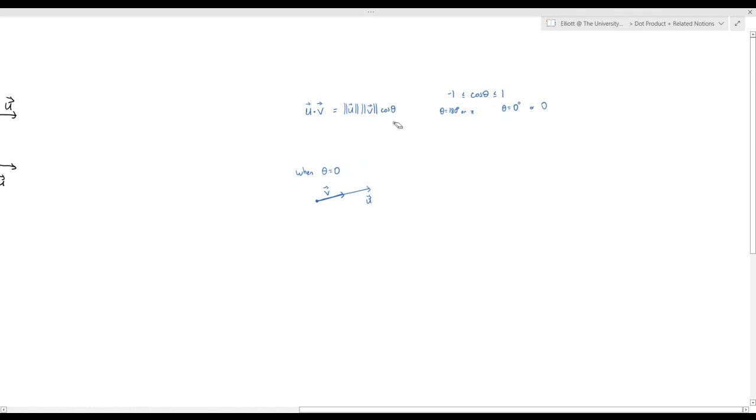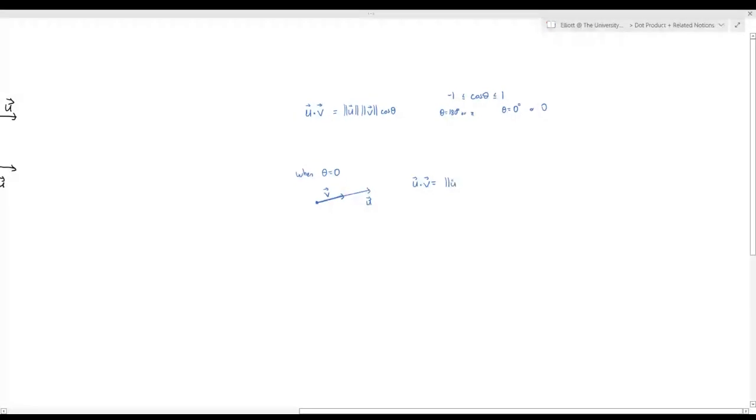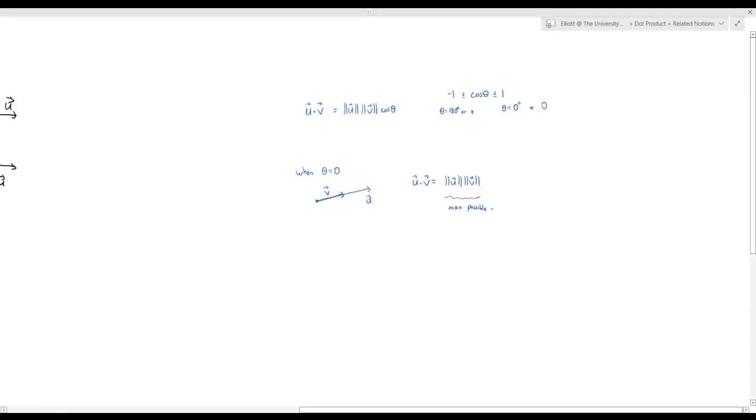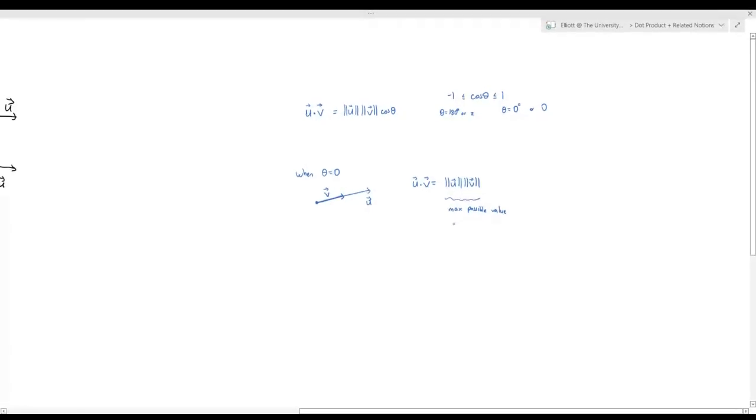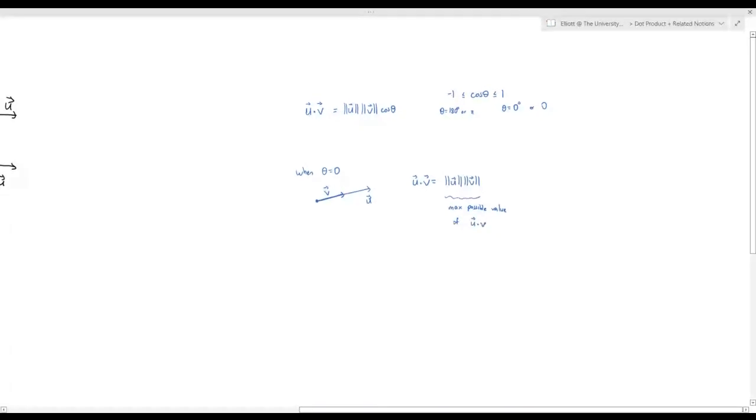So when theta is 0, cosine theta is 1, so you get that u dot v would be equal to the magnitude of u times the magnitude of v. And this would be the maximum possible value of the dot product, because otherwise cosine theta will be smaller than 1, so the dot product would be smaller.